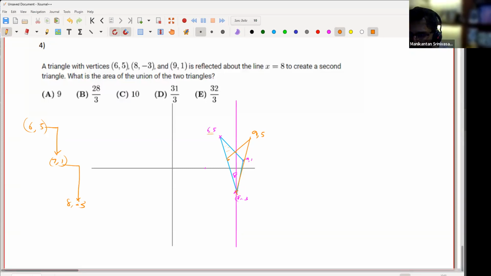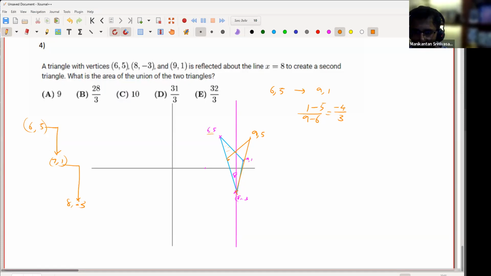So multiple ways to do it. So 6, 5 to 9, 1. What is the slope? The slope is 1 - 5 by 9 - 6, which is -4 by 3. Are you guys with me? The slope. Okay, so the equation of the line is y equals mx plus c, right?